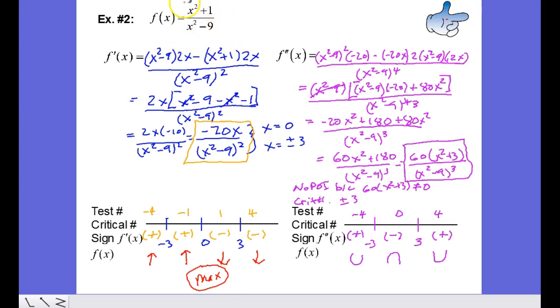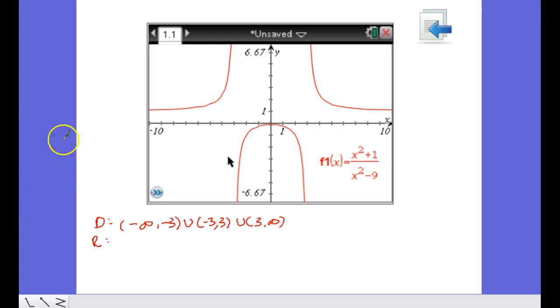If you take the ratio of the coefficients, we have 1 over 1. So we have a horizontal asymptote at y equals 1. Looking at our graph, we can see that the function does not cross the horizontal asymptote. And so for that reason, we will exclude 1 from the range of our function.